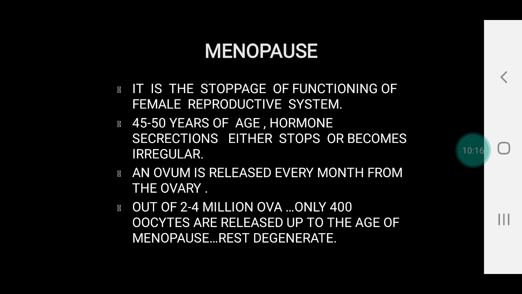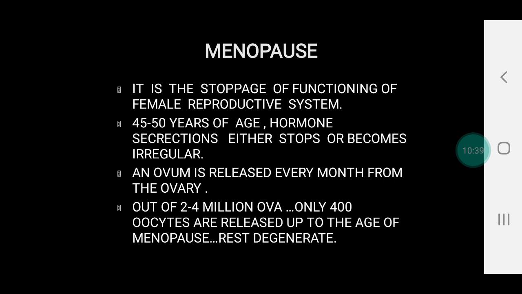Now, menopause. It is the stoppage of functioning of the female reproductive system. Nearly at the age of 45 to 50 years, hormone secretion either stops or becomes irregular in females.